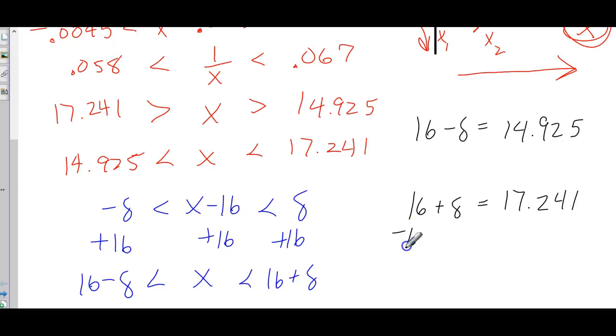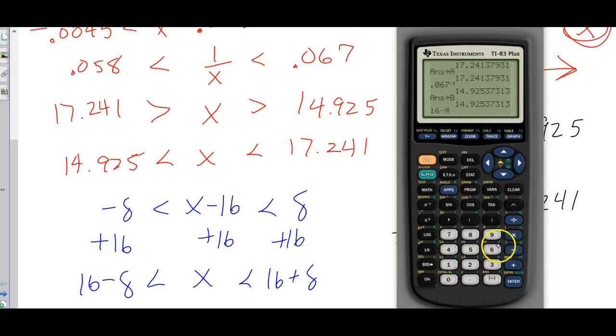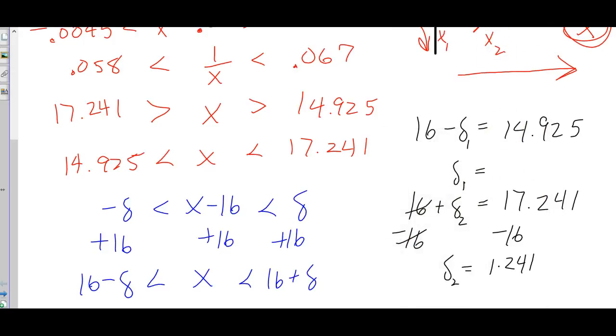Then our job is to figure out which of these two deltas is smaller. Technically it's delta 1, delta 2. So delta 2 is 1.241, and delta 1 is 16 minus 14.925, which is 1.075.